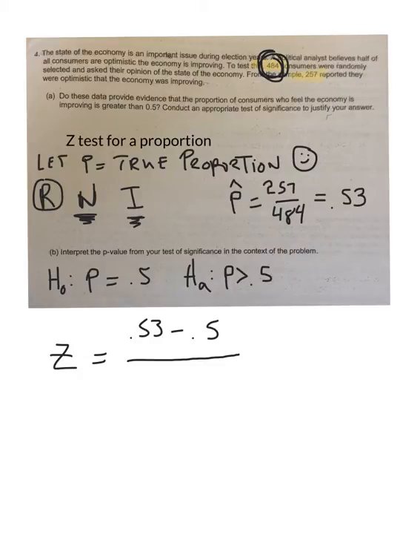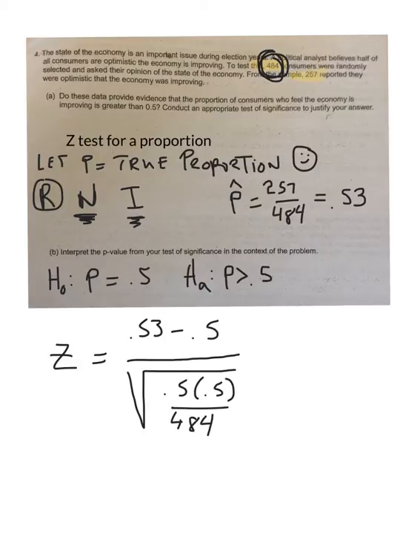So let's figure out what the standard deviation is. Well, we need the proportion for the population, but we don't have that. So what do we use? We say 0.5, just assume 0.5 over 484.